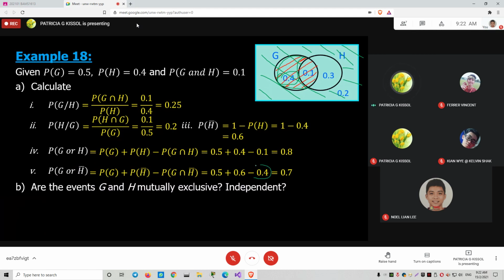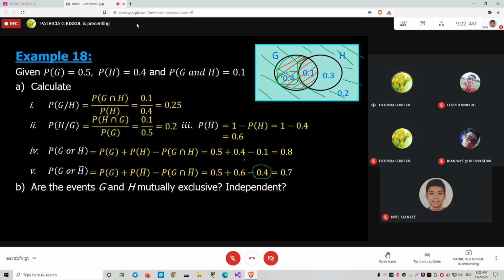That's why we get the value 0.4 here. Do you understand? Okay. So that's why 0.5 plus 0.6 minus 0.4, and that is how you get 0.7.